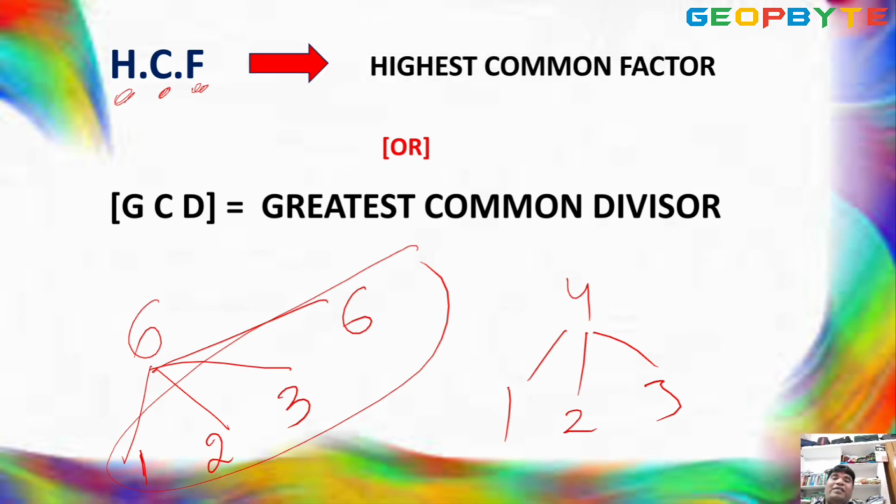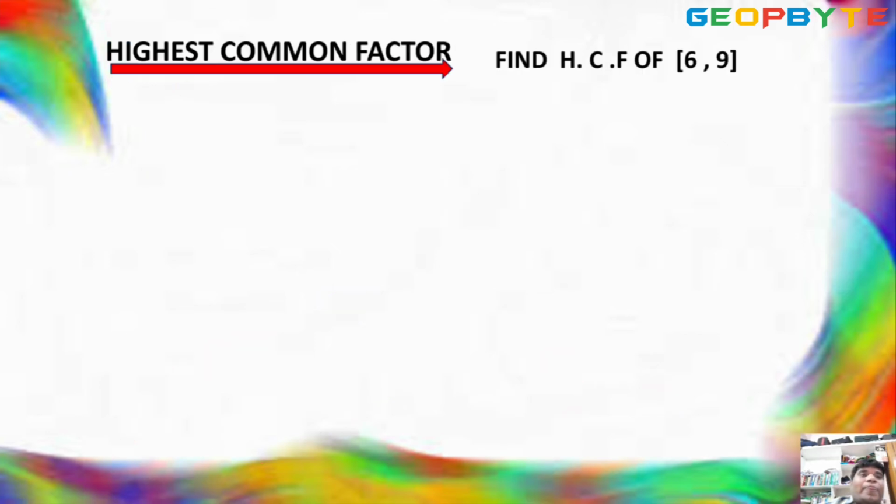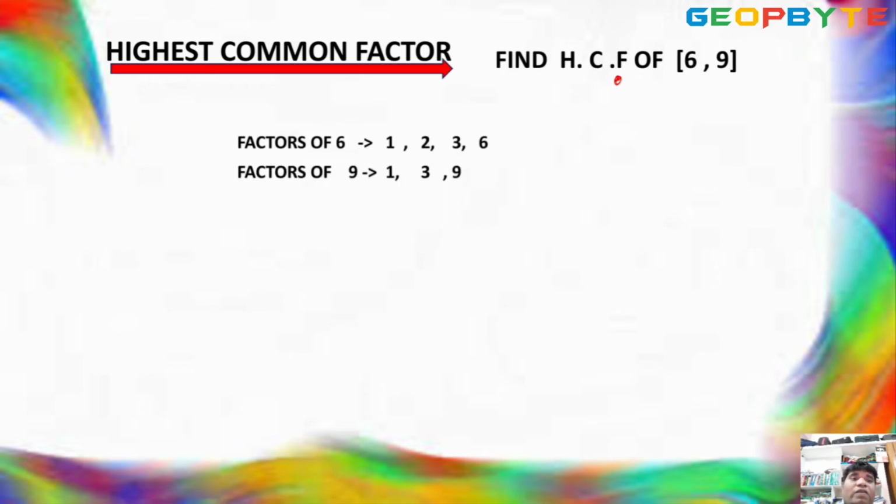Now how to calculate? The basic method. Highest common factor: find the HCF of 6 and 9. First of all, F: factors of 6 and factors of 9. Factors of 6, just now we discussed: 1, 2, 3, 6. Factors of 9: 1, 3, 9. F completed.